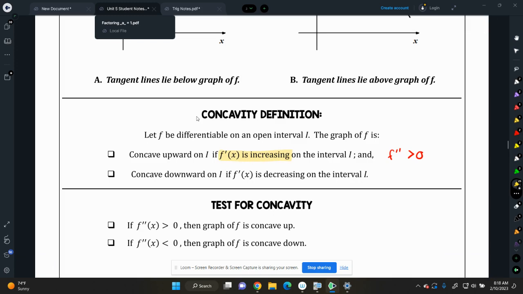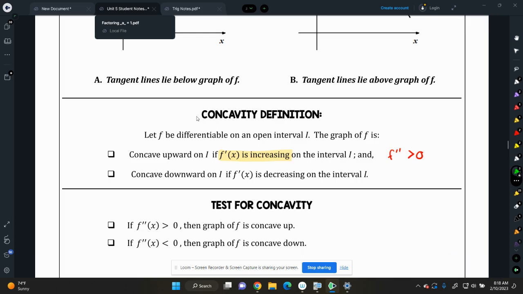Does that make sense? So if I just look at f prime and f double prime, I can determine where f prime is increasing or decreasing, because really it's essentially the first derivative test, just applied to f prime and f double prime.